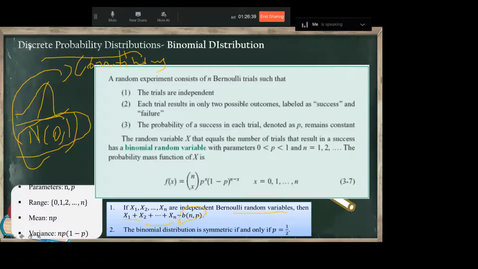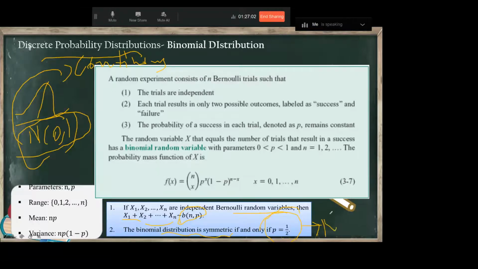So binomial has its own distribution. We see again through the diagrams that if p is different, then the shape can be different. The binomial distribution, just like the Bernoulli distribution, as I told you, is symmetric if and only if p is 1 by 2. So if p is half, the binomial distribution looks like a normal distribution, right?